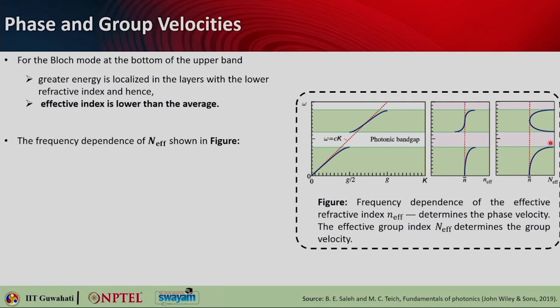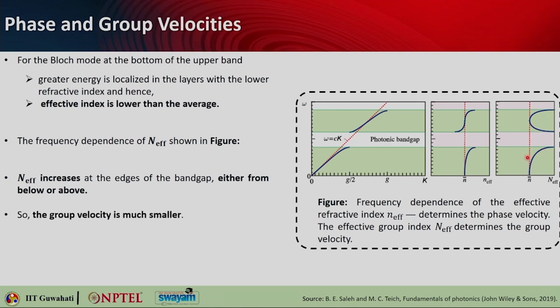Fine. Lastly, let us also look into the frequency dependence of the capital N effective, which is the group effective index, and you see the group effective index increases at the edges of the band gap, either from below or above. Okay, in both cases it is behaving the same way, and that means the group velocity is much smaller.